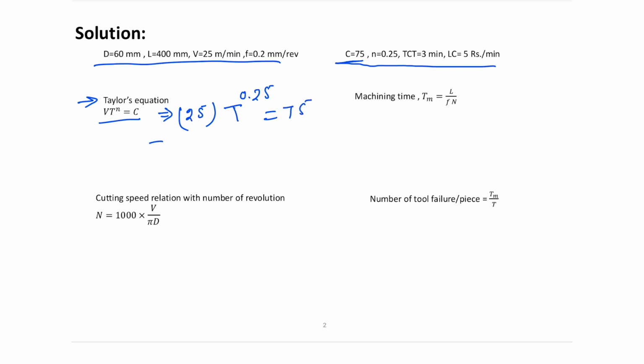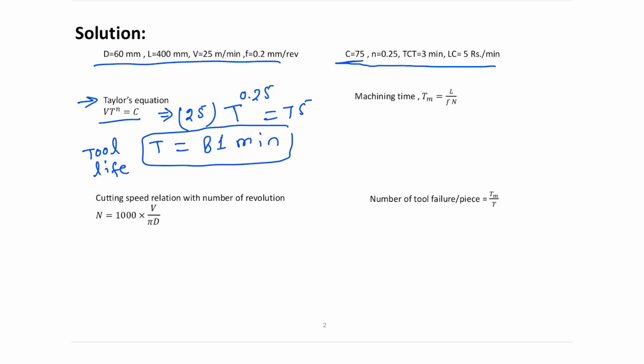So we will get the tool life T equal to 81 minutes. So this will be our tool life.